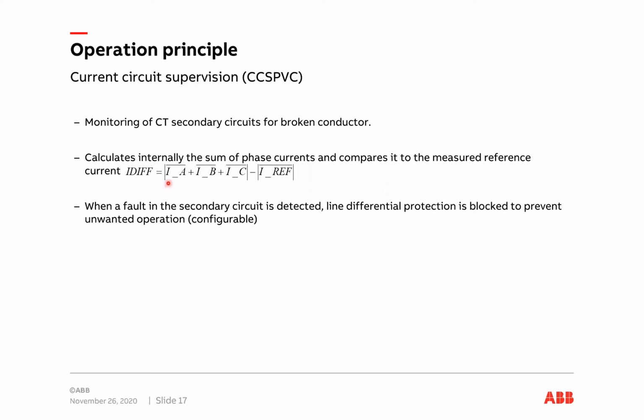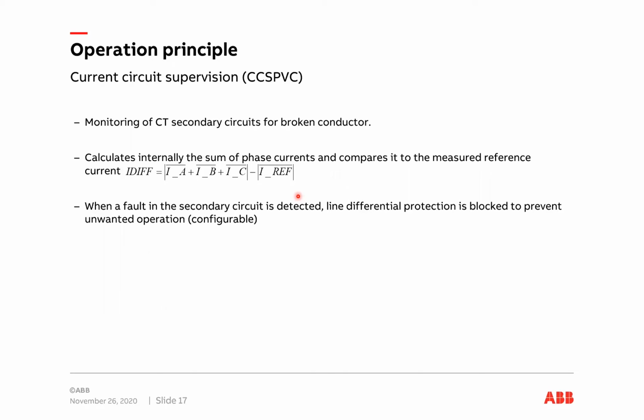So how this works is that the function is calculating the sum of all the three-phase currents and then comparing it to a reference current. Now this reference current is normally the earth fault current measurement coming from a cable core CT. I will show you an example picture of this in the next slide.